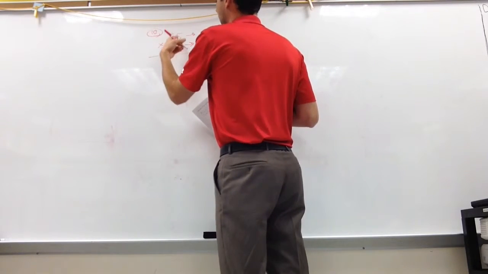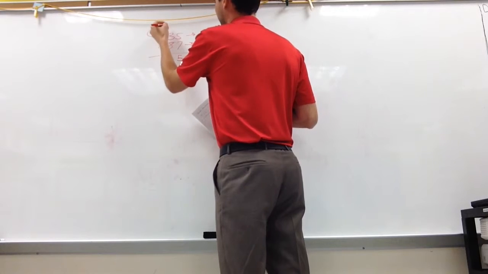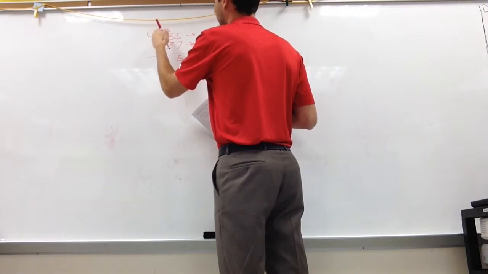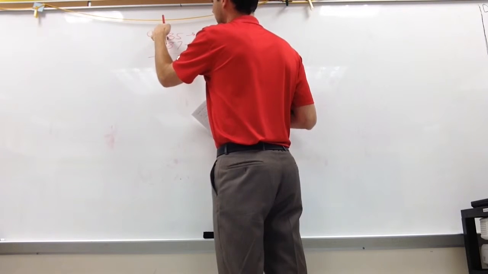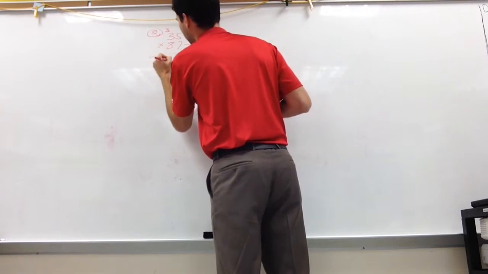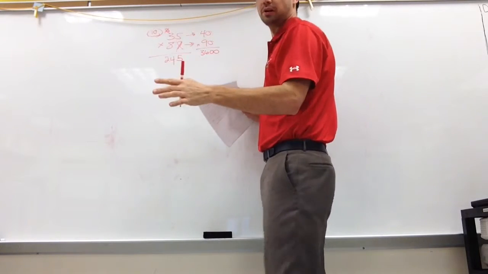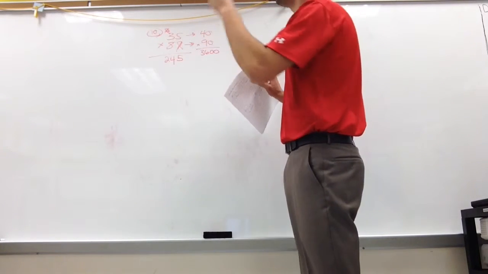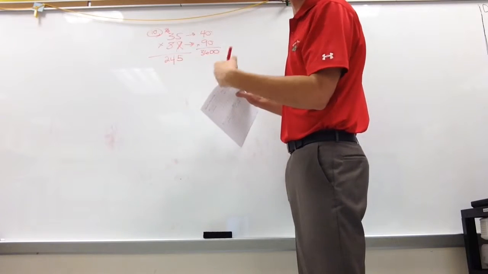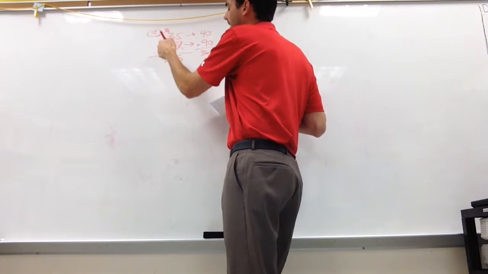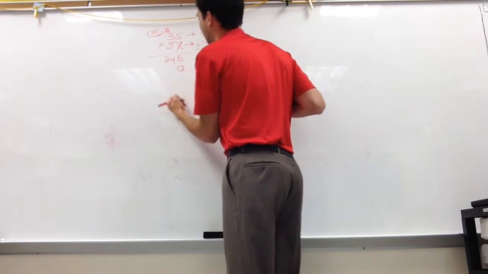5 times 7, 35. Carry up the 3. 7 times 3 is 21. Plus 3 is 24. Done here. So important, this is the most common mistake. You can do your math perfectly, but if you don't do this, you'll get everything wrong. That 8 is not really an 8, it's an 80, so I have to put a placeholder 0 here.